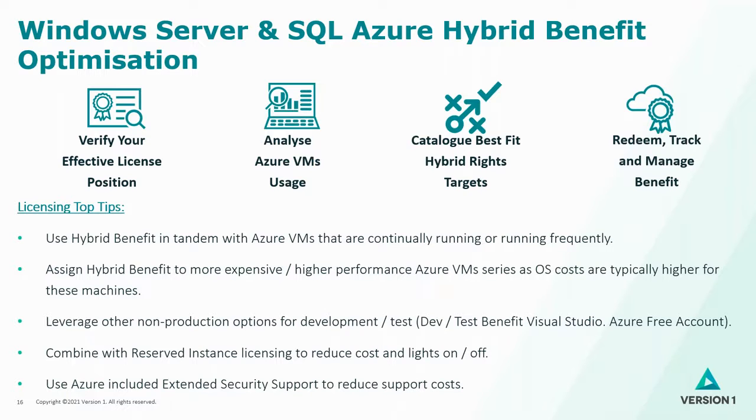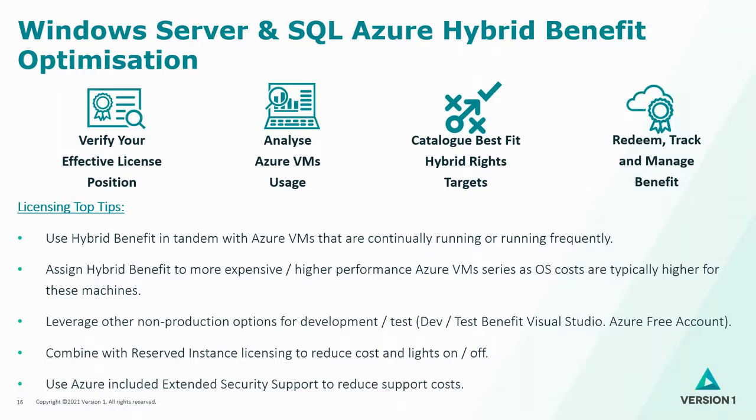So other techniques that can be used in place are this concept of turning on and off the lights at opportune times in a working week or a quarter, and combining the use of reserved instances, lights on, lights off, development and test type models for licensing, and leveraging the Azure Hybrid Benefit.